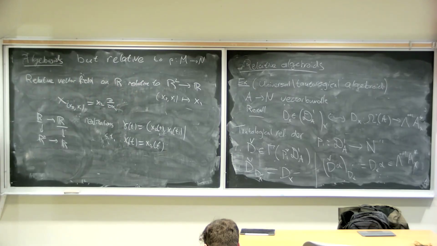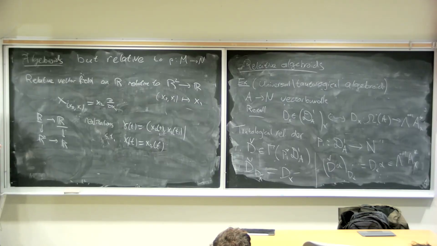Okay, can you give me a realization of this algebroid, or an integral curve? Choose x2 to be whatever you want. Let's say we choose it to be a constant c. And then x1 will be c times t plus a constant.